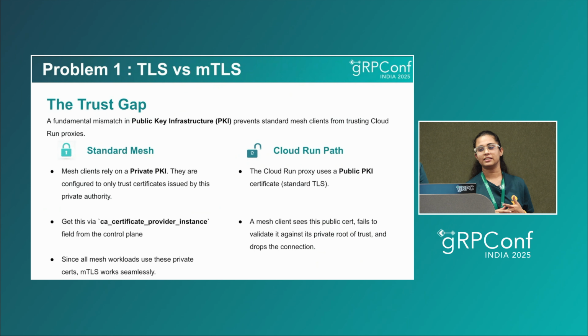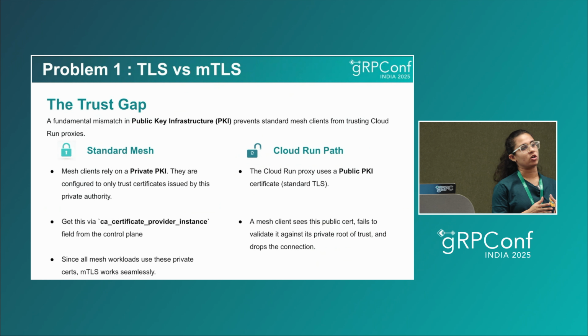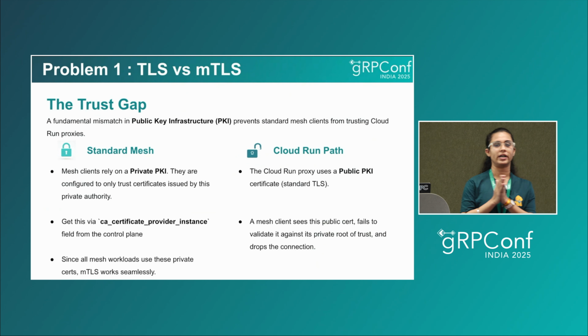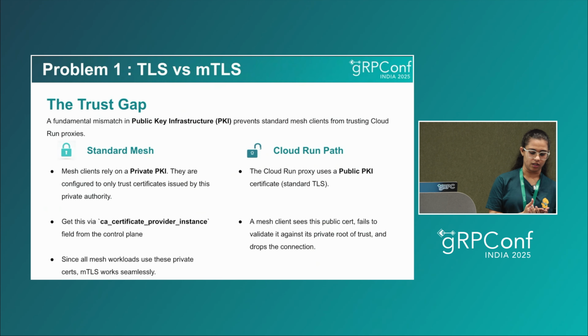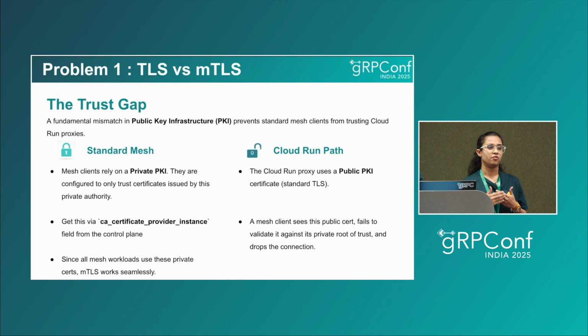The first challenge is a fundamental trust gap caused by conflicting security requirements. It is a simple mismatch. As we know, the Cloud Run proxy is a public endpoint, so it needs to do standard TLS and use public PKI certificates. But in a standard mesh environment, we used to use private root CAs, which will provide certificates for clients and servers.